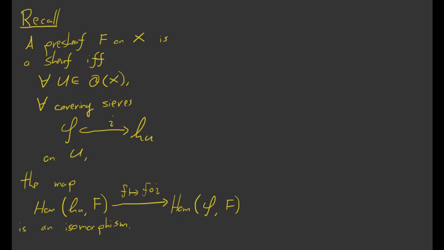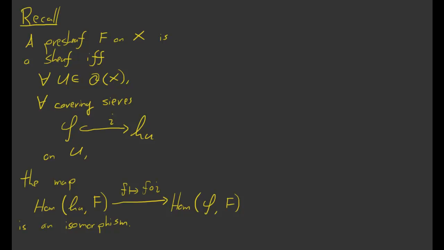Okay, so to describe the construction, we need to first recall what it means in sieve world to be a sheaf. We have a topological space X, and we have some pre-sheaf F on X, and F is a sheaf if and only if this condition is satisfied: for every open set U of X, and for every covering sieve S on U, this induced map on Hom sets, and these Hom sets are living in O of x hat, is an isomorphism.